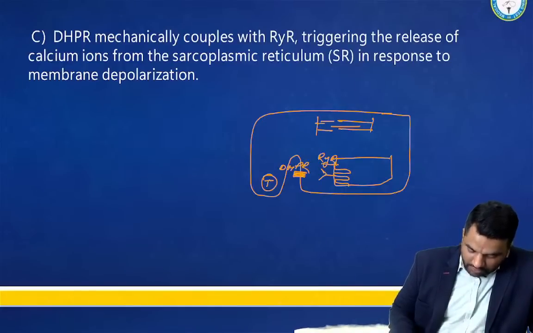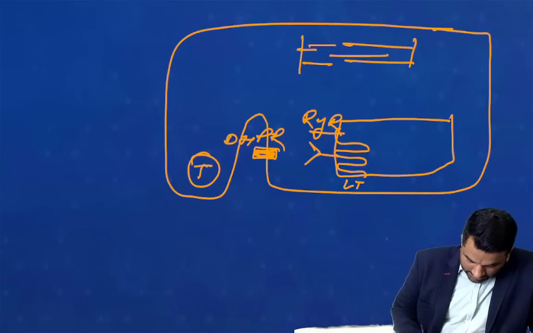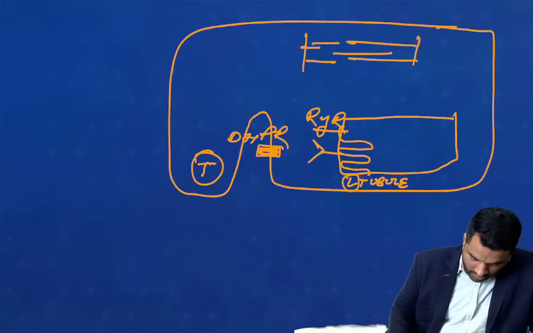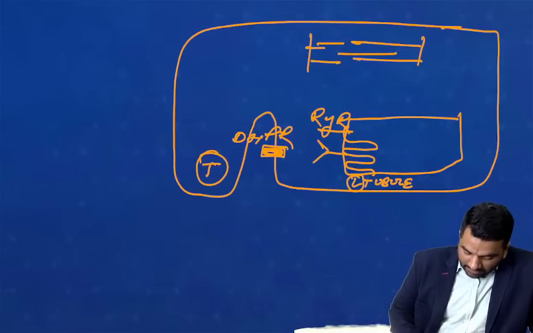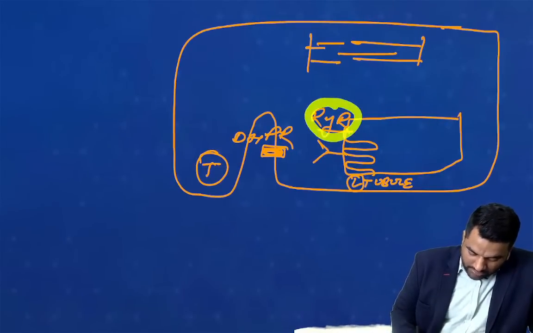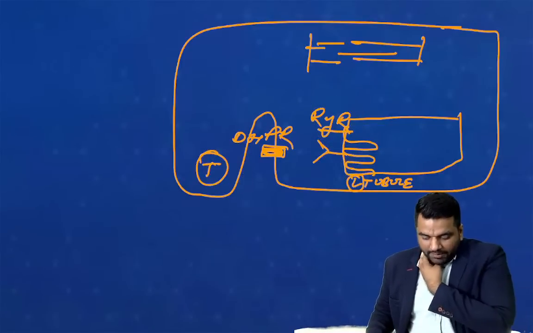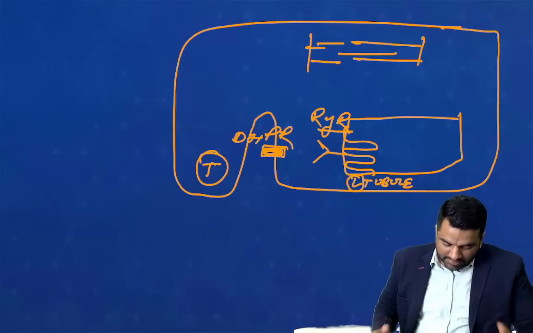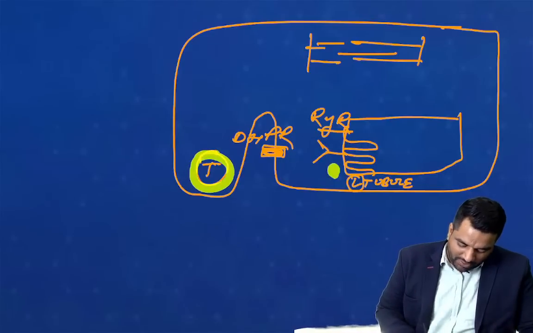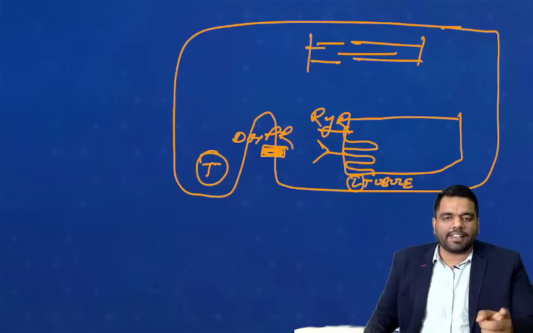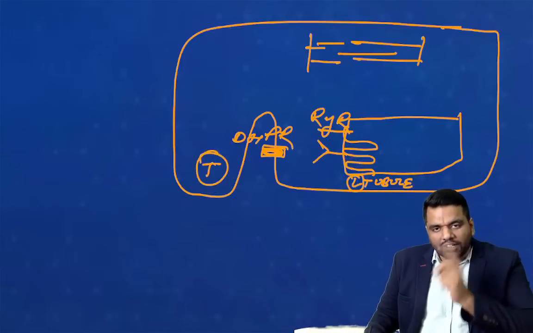So please first of all tell me, this is the L tubule. Where is the RYR situated, on the T tubules or on the L tubules? Exactly, ryanodine receptor is not situated on the T tubules.